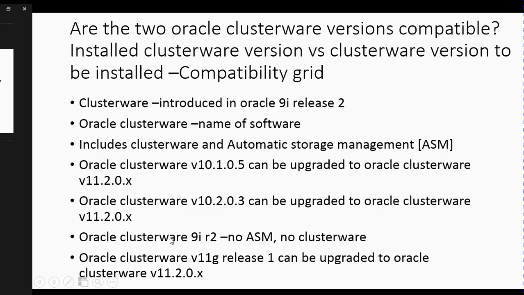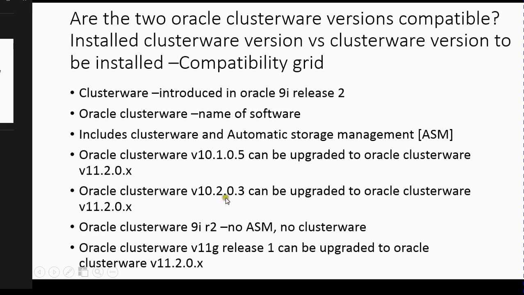If you go as far back as 9i R2 clusterware, that is the first introduction of Oracle Clusterware, the very beginning of clusterware technology. Here, no ASM is included, and no clusterware.